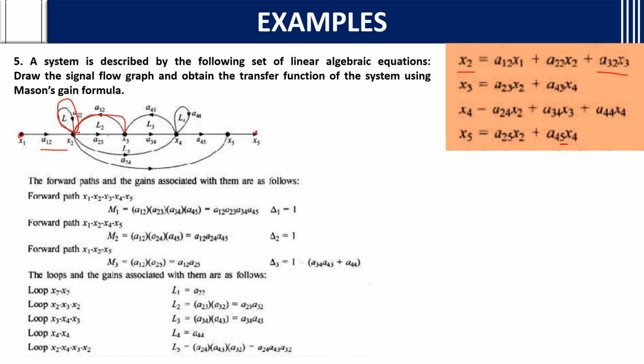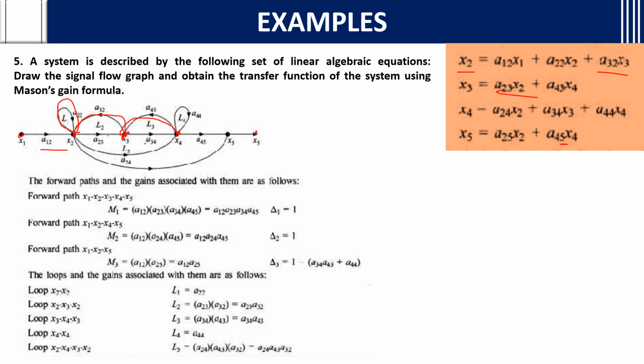Okay. Then x3 equals a23 x2. From x2 it is starting and ending at x3, so a23 will have the gain from x2. Then you have a43 x4. It is starting from x4 and ending at 3.